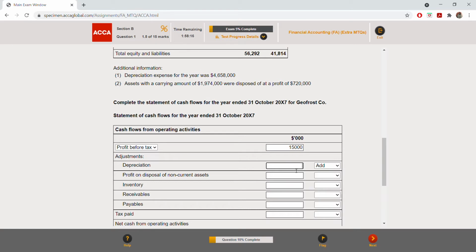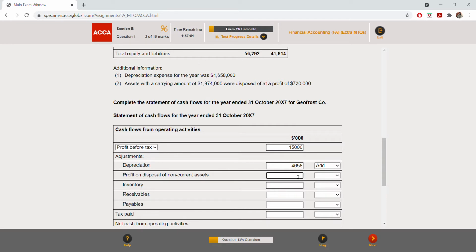Depreciation has to be added back. How much? 4658. They are dropping down the three zeros, so just 4658.